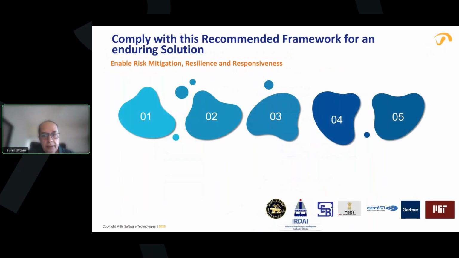If you look at the recommendations by various experts from different segments, like the regulator, a consultant, an educational institute, or a certifying body, these agencies have put together a set of recommendations. They have not said it in this way.